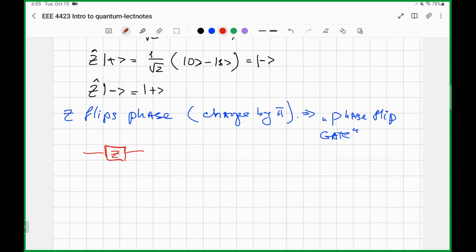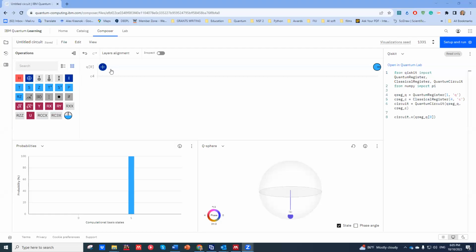So let us go to IBM Quantum. Remove this one. Yeah, and this is the Z gate here. I can apply it, and of course, if my qubit is in the state 0, then applying this Z gate doesn't change anything.